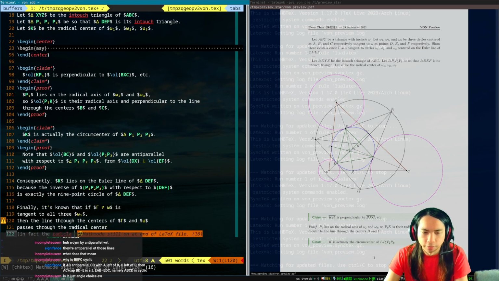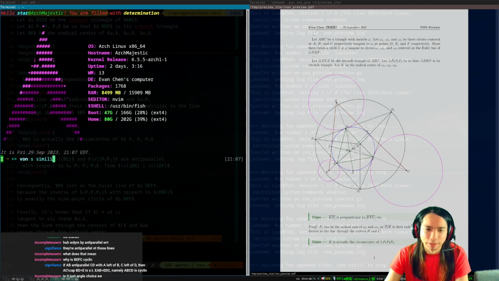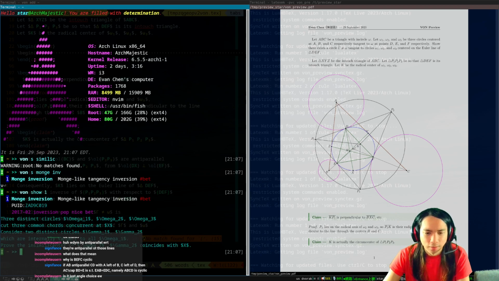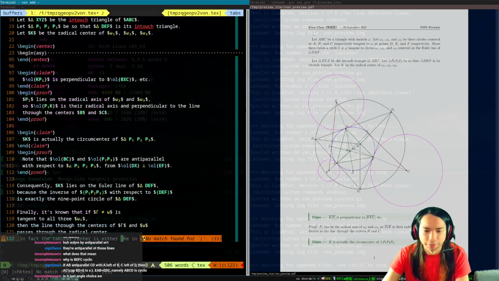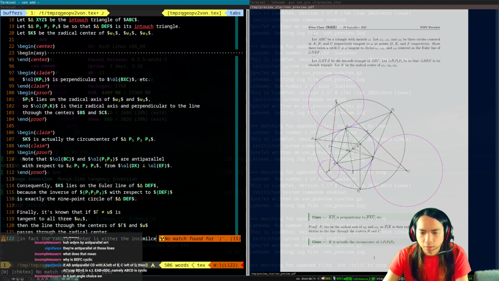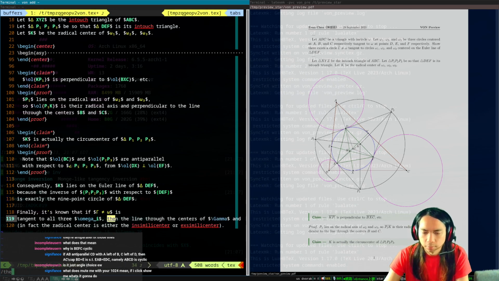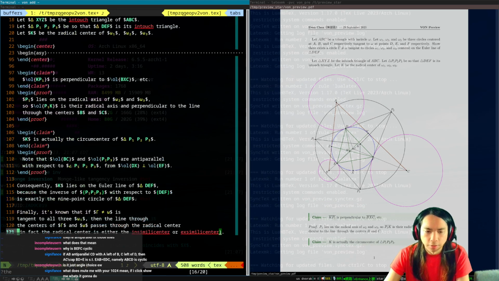In fact, the radical center is either in... Is it the X similar center? I forget exactly what the theorem says. Similis and Monge inversion. Yeah, insimilicenter or exsimilicenter, depending on whether it's internally or externally tangent. Okay, so that concludes the problem.